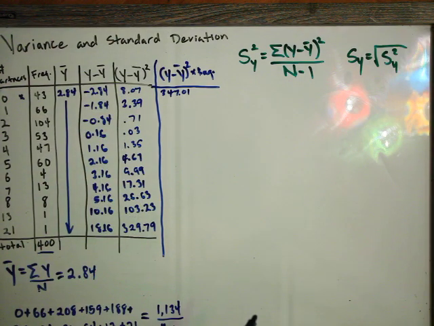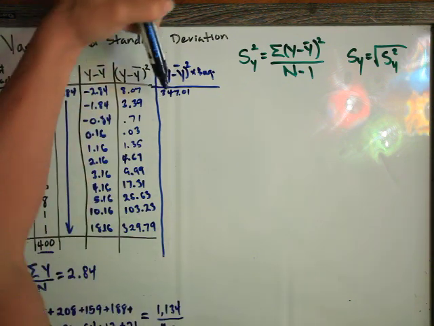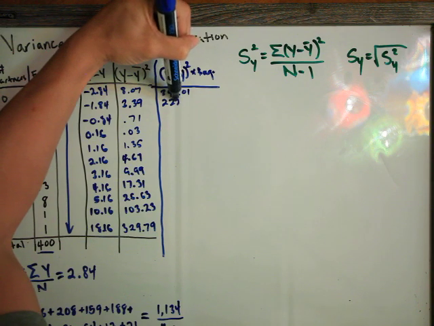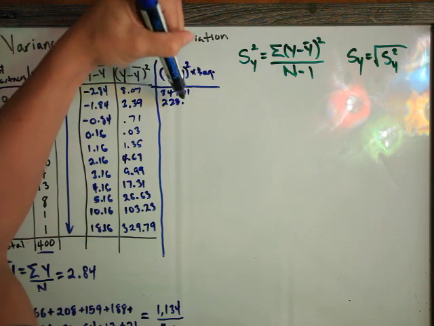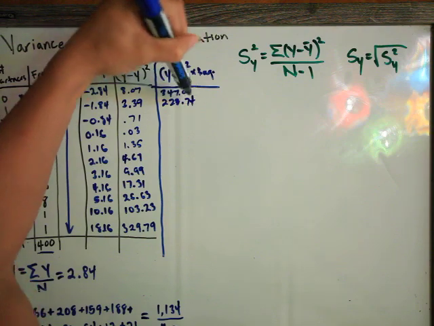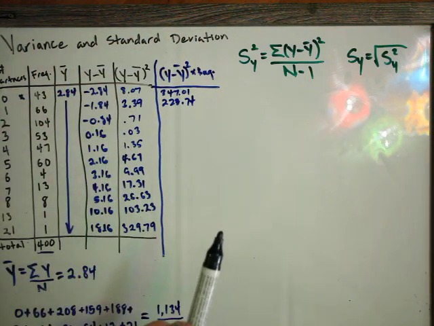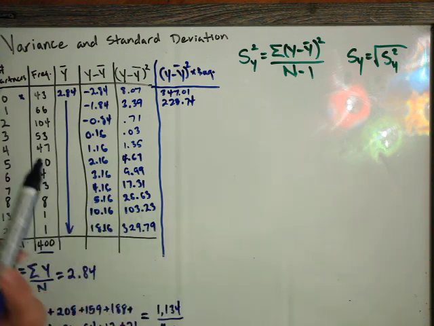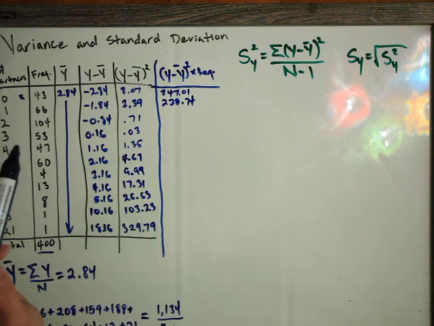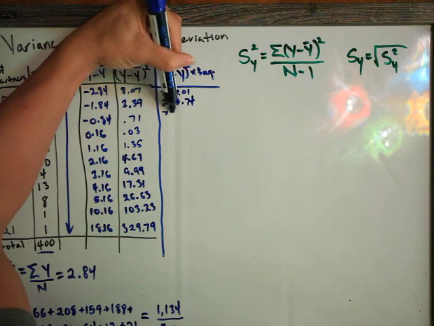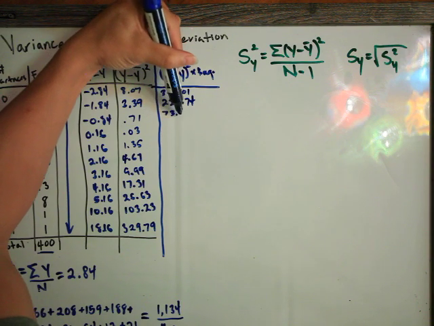Now we're going to keep going. 3.39 times 66 is 223.74. Okay, 0.71 now times 104 is 73.84.